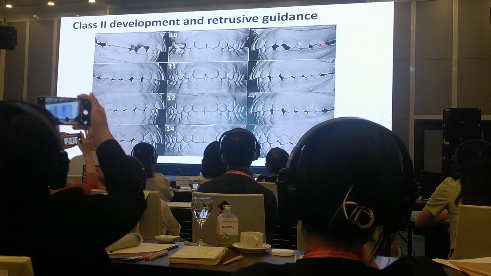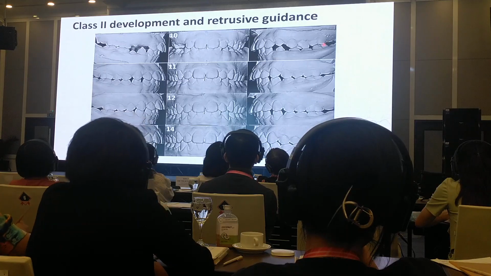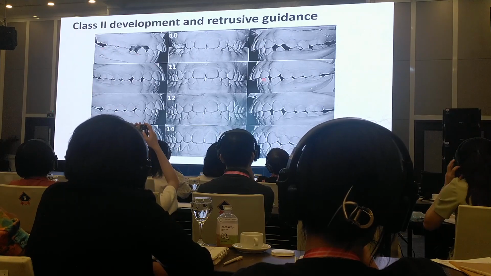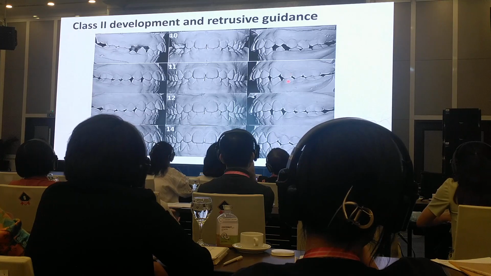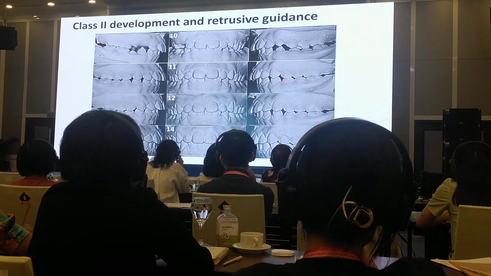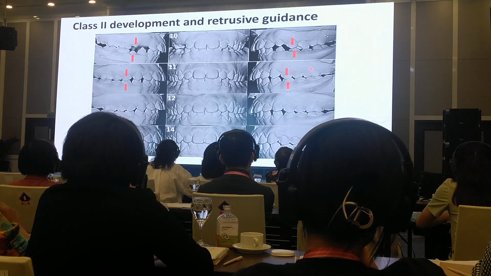See, at 10 years old, this side is very close, so this side has a tendency, but now, with premolar eruption, unfortunately, in this kind of relation there is no chance; the lingual cusp contacts the lower, which is number 4, the distal side. Therefore, it starts to guide the mandible backward.